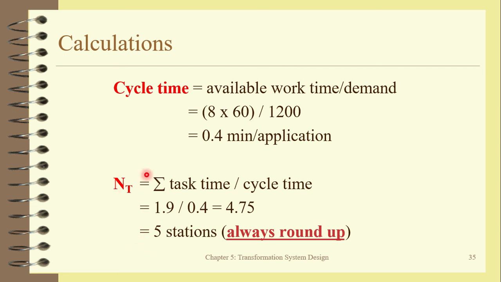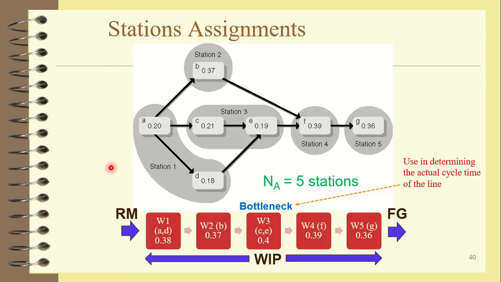Okay, theoretical is 5, and actual is still 5. In reality, the actual number of workstations must be equal to or more than the number of theoretical workstations.